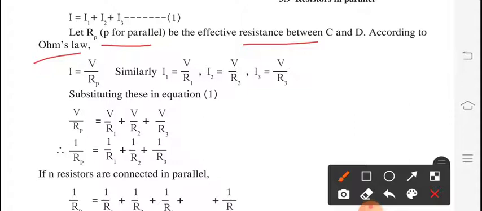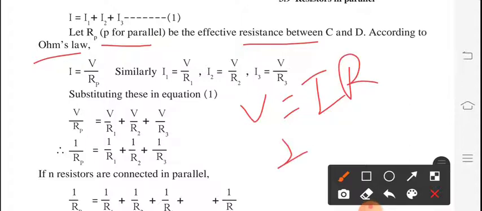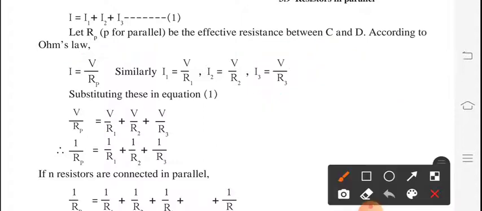According to Ohm's law, we know V equals IR, but we want I. So taking I over here, I will be V upon R. But it is with a parallel condition, that is why we are taking Rp. So for I1 we can keep V upon R1, for I2 V upon R2, and for I3 V upon R3.